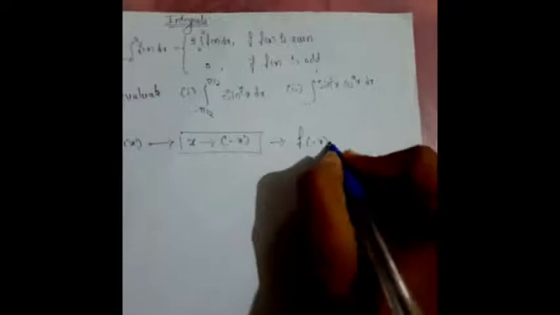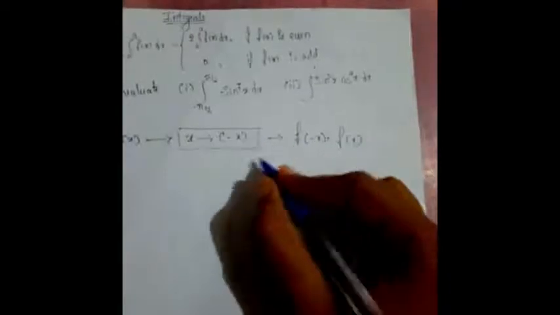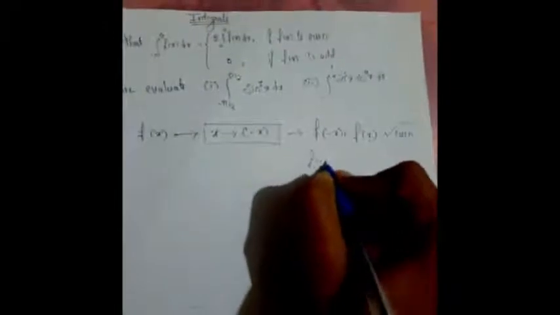If you substitute x by minus x and again get the same function, then it is an even function. Otherwise, if you get f of minus x the same as f of x but the sign changes, then it is an odd function.